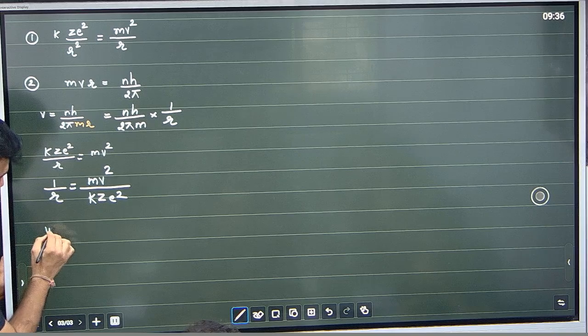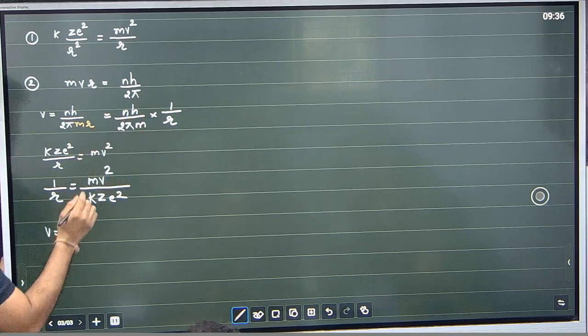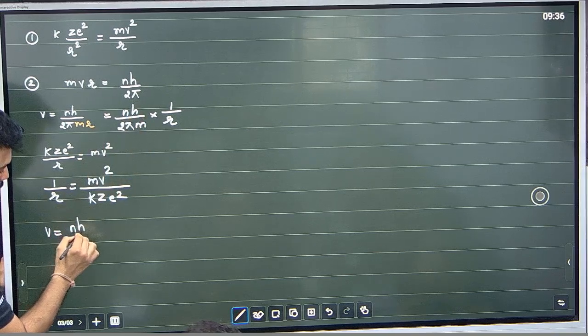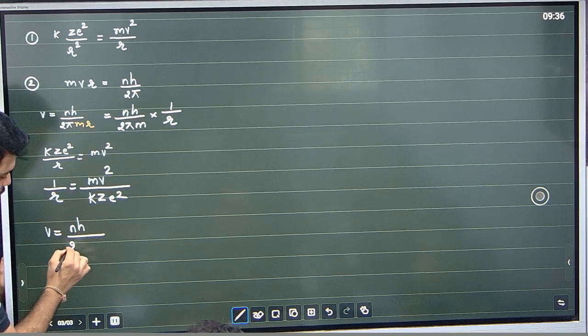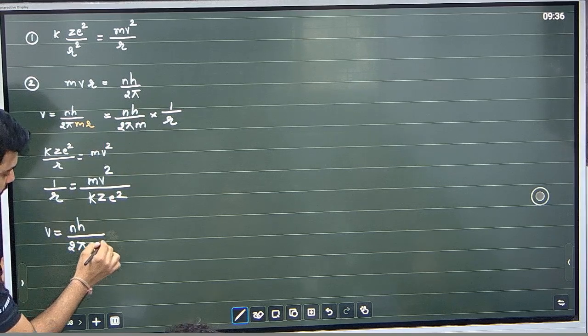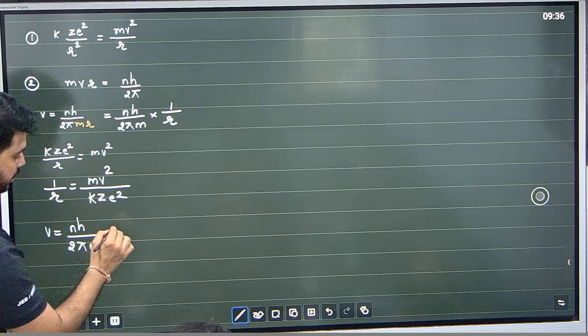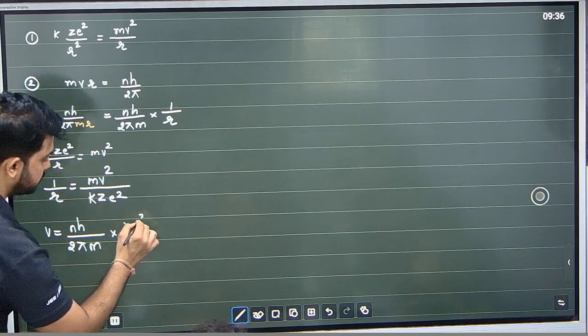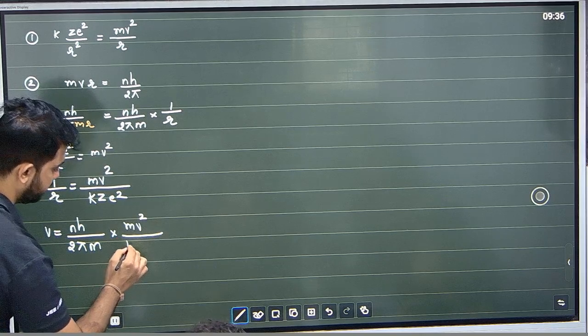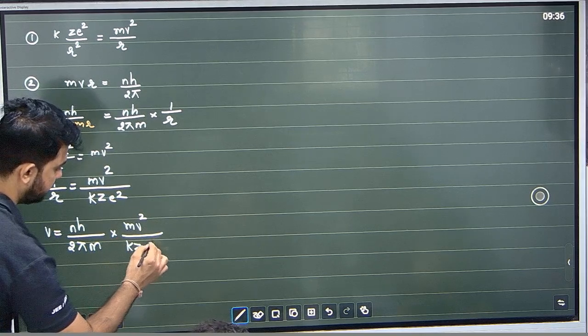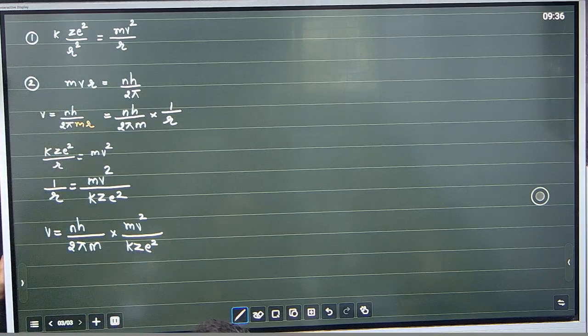v is equal to n into h over 2 pi m into m v squared by k Z e squared. Is something getting cancelled anywhere?